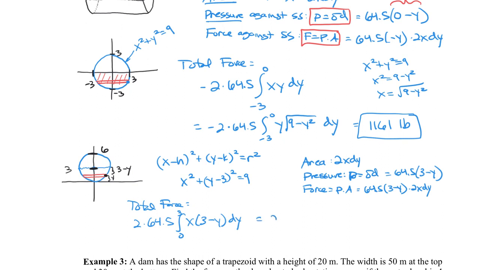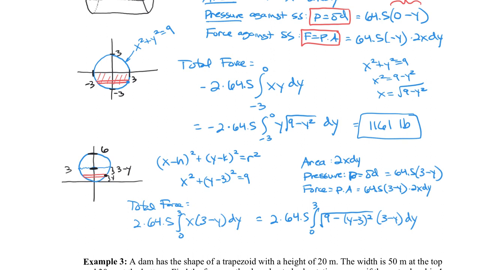So once you do that, you're going to get 2 times 64.5 times the integral from 0 to 3. And now our x is going to be 9 minus y minus 3 squared under the radical, times 3 minus y dy.